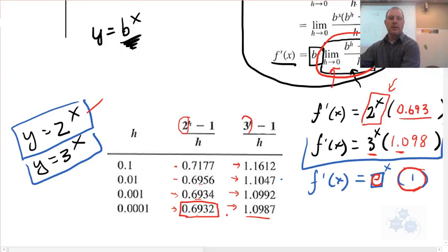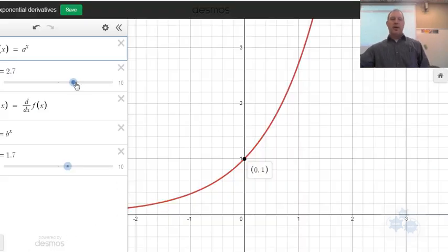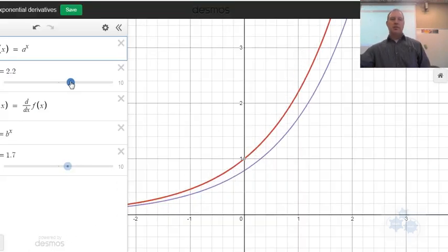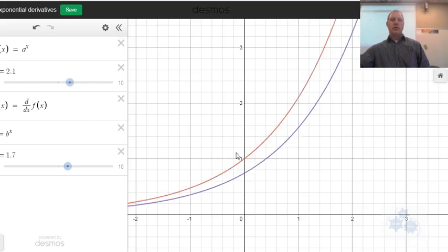Okay, so let's go back to Desmos there. Y equals 2 to the power of x. If I brought this down to 2, okay, that's 2.1. So if this is the y value right here, 2.116, let's say, then the derivative, the slope of the tangent line at this point, would be exactly 69% of whatever that value is.